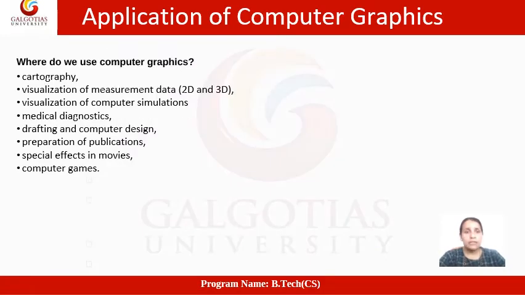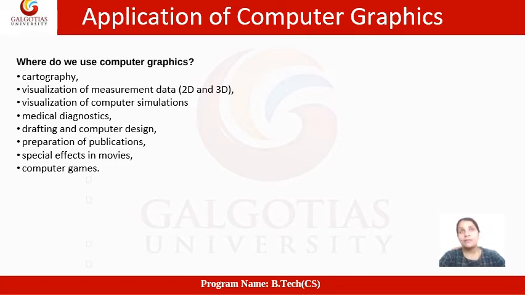So next is 2D and 3D animations, visualization of computer simulations, medical diagnostics. This is one of the good examples for application, that making reports for a particular sonography, MRI, or a particular CT scan. All those reports come in the form of graphics.